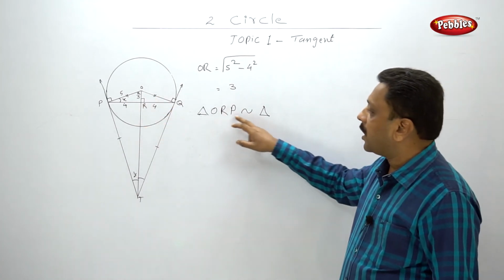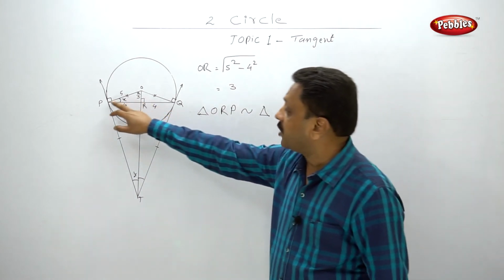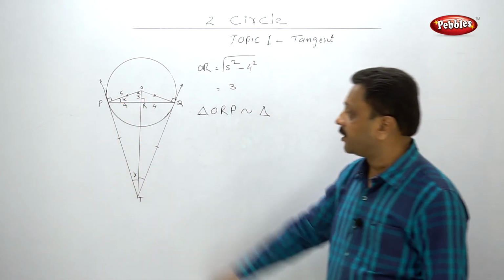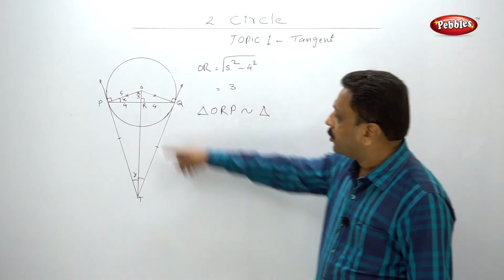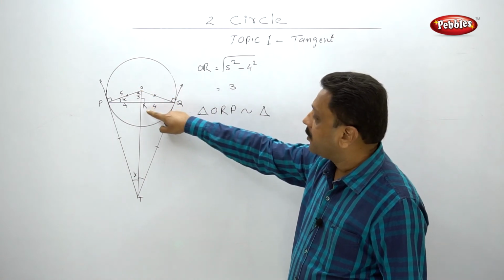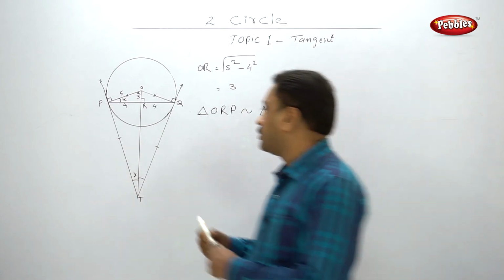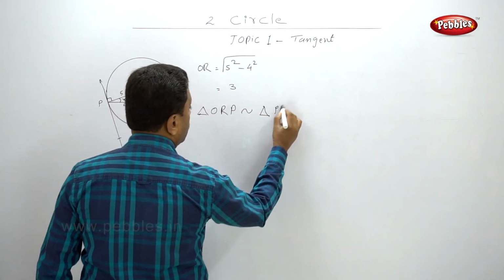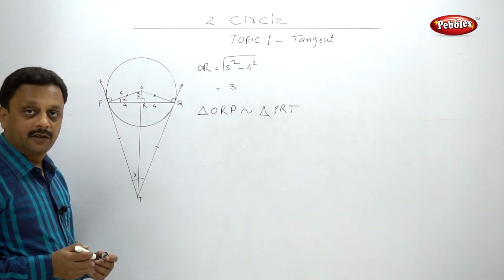You have to take the similar vertices of this triangle, because both the right angle triangles are there. So here I have taken the base and the shorter side, so here I take R as the right angle. Now P, R and T. I will write triangle PRT. These two triangles are similar triangles now.